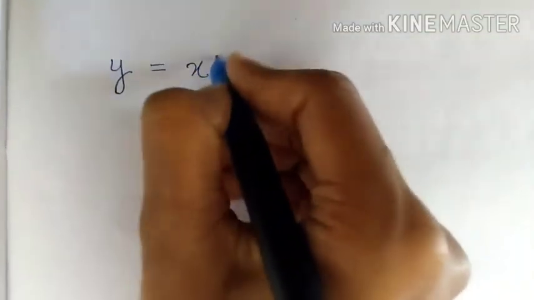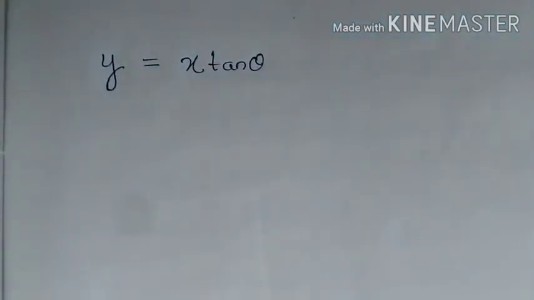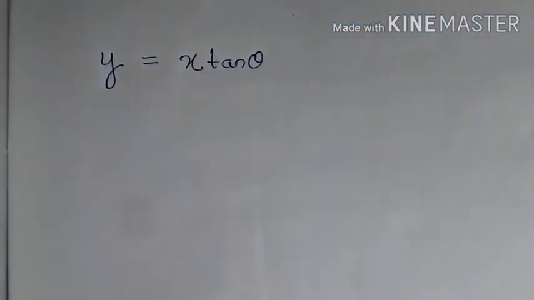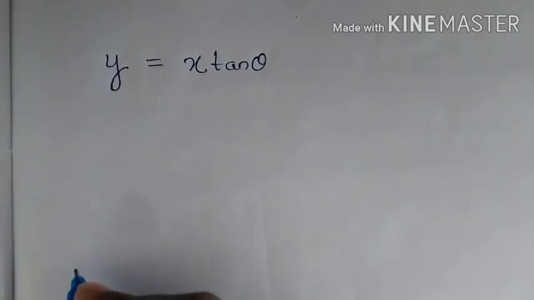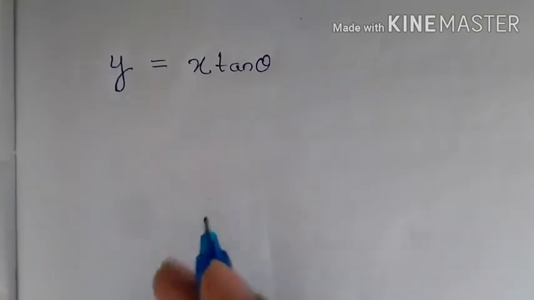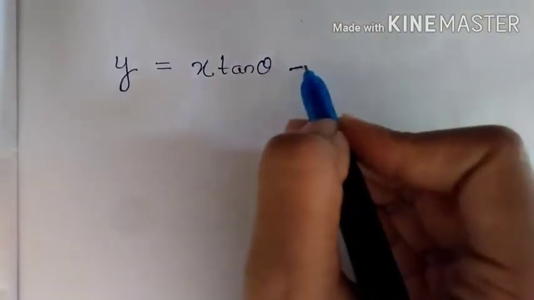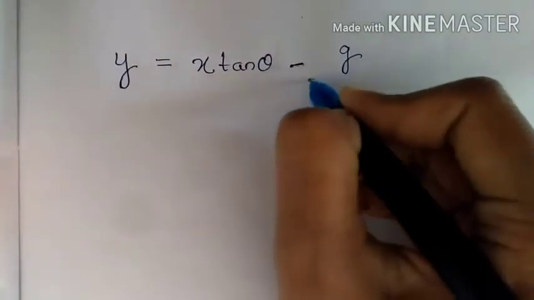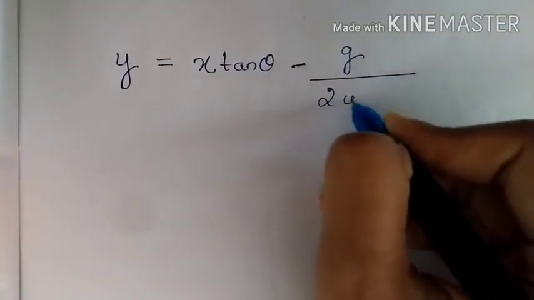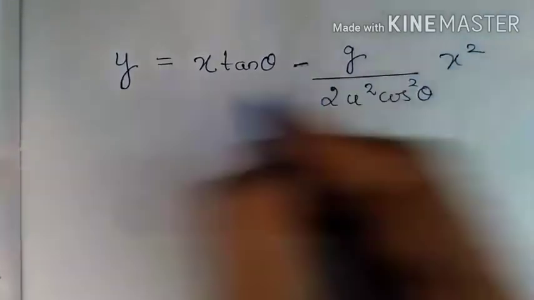So we can write y is equal to x tan theta. There is no t in the last equation, since the value of t has been substituted. So x tan theta minus g divided by 2u square cos square theta times x square.